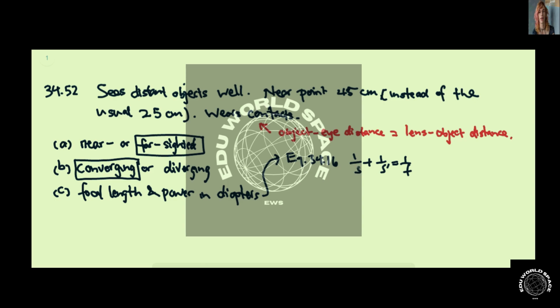What happens here is that when a person is looking at a close object, let's say at the usual 25 centimeters, we want to correct that near point from the far distance, 45, to 25. So the object distance is 25 centimeters.